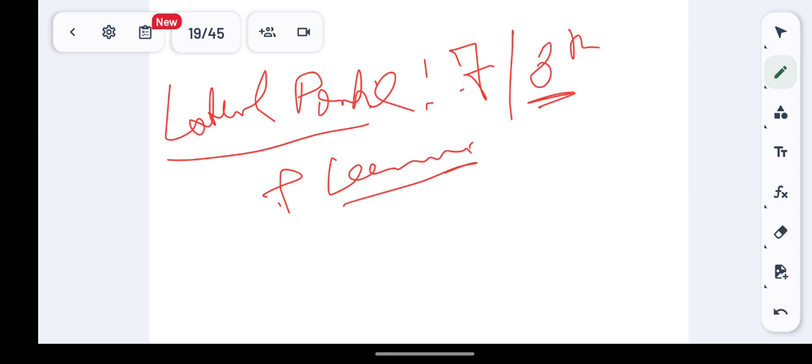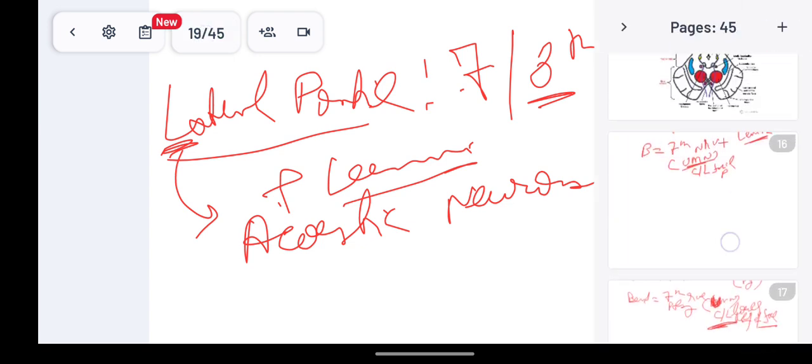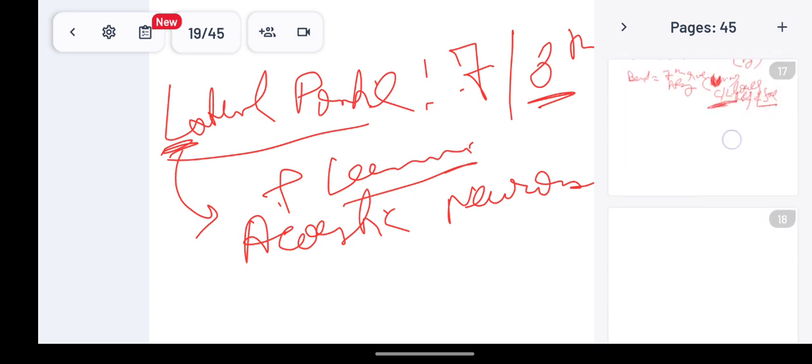Lateral pontine is caused by acoustic neuroma. Once again we will see that picture.